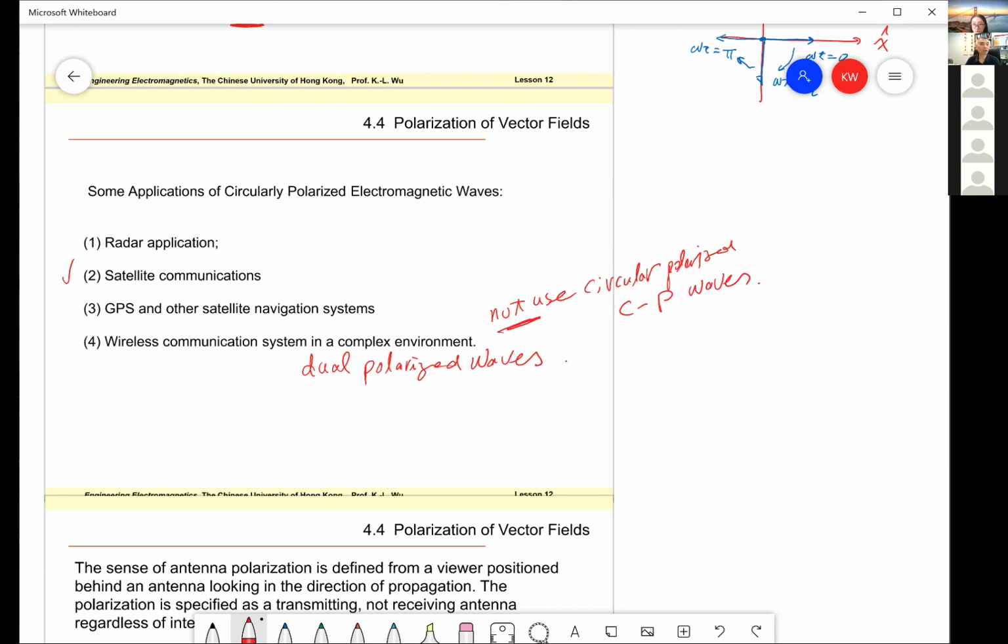Instead, we use dual polarized wave. What do you mean by dual polarized wave? I have one polarization in 45 degree. So this is one signal, signal one.